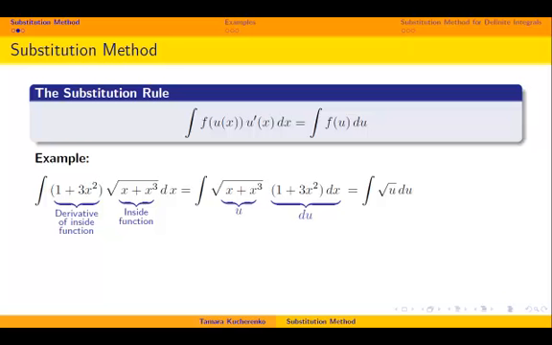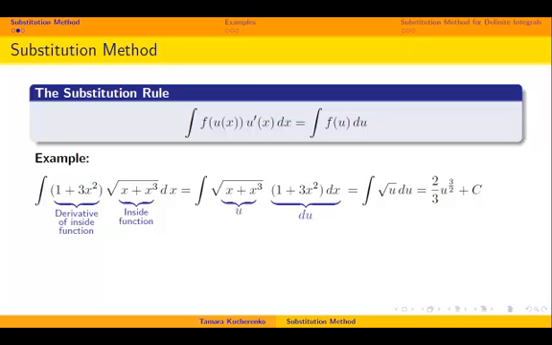Now we just need to find the antiderivative of square root of u. By the power rule, the antiderivative of u to the 1/2 is u to the 3/2 times 2/3 plus c.